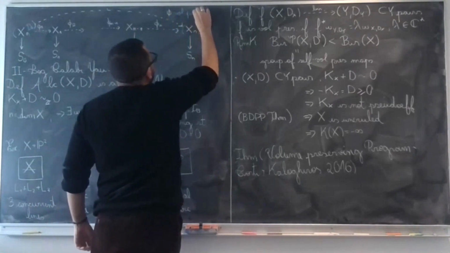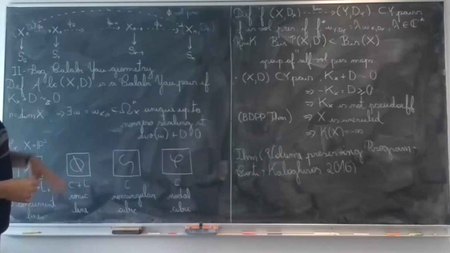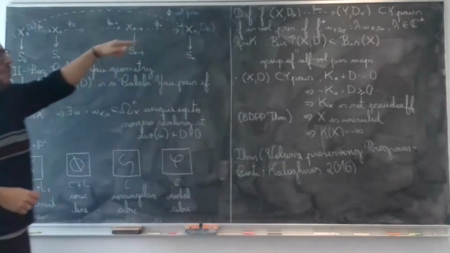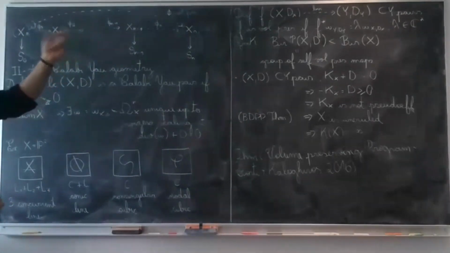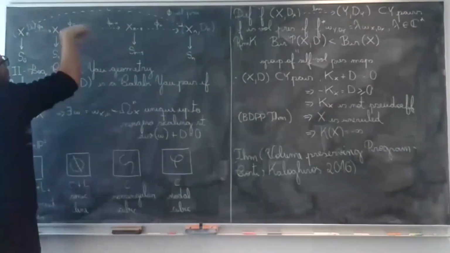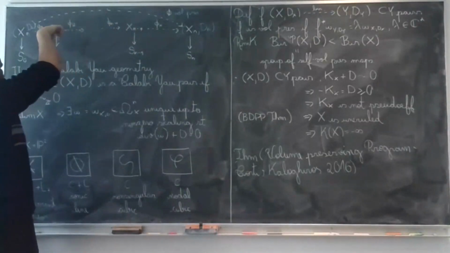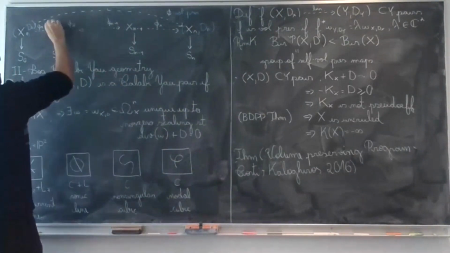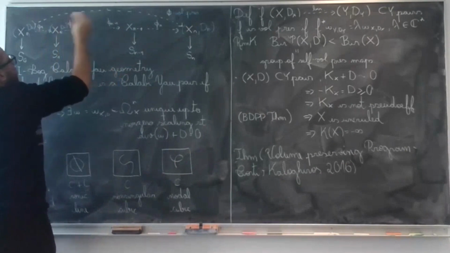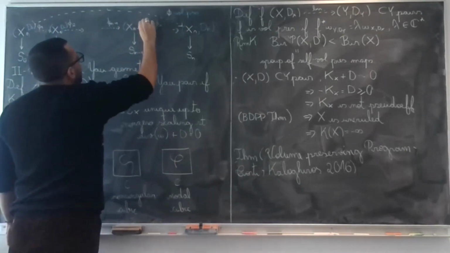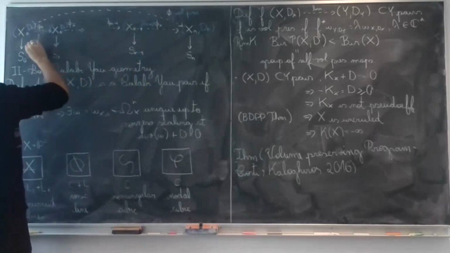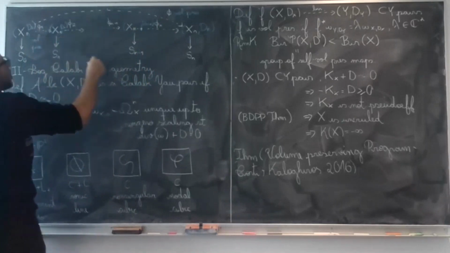And in this case, this result says to us that we can factorize this map into finitely many volume preserving Sarkisov links. And all these volume preserving Sarkisov links will be with respect to Calabi-Yau pairs. So all these links will be volume preserving.